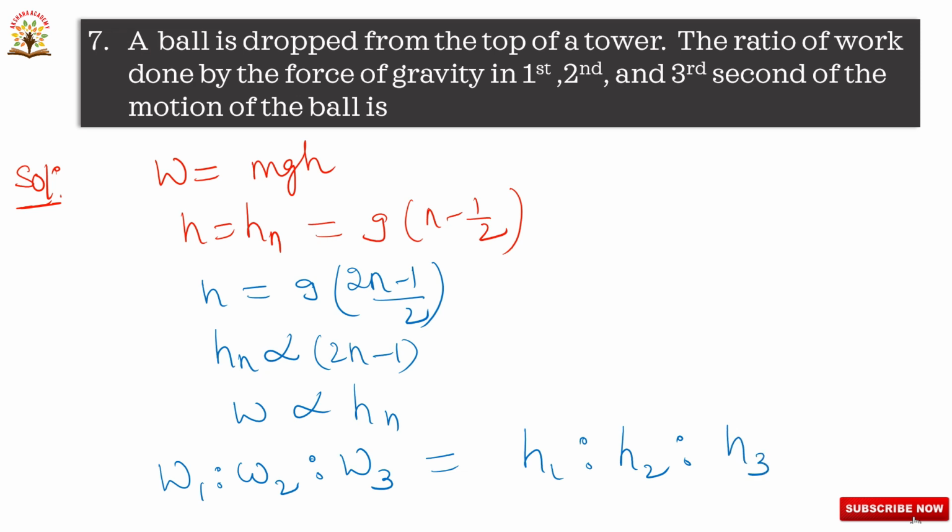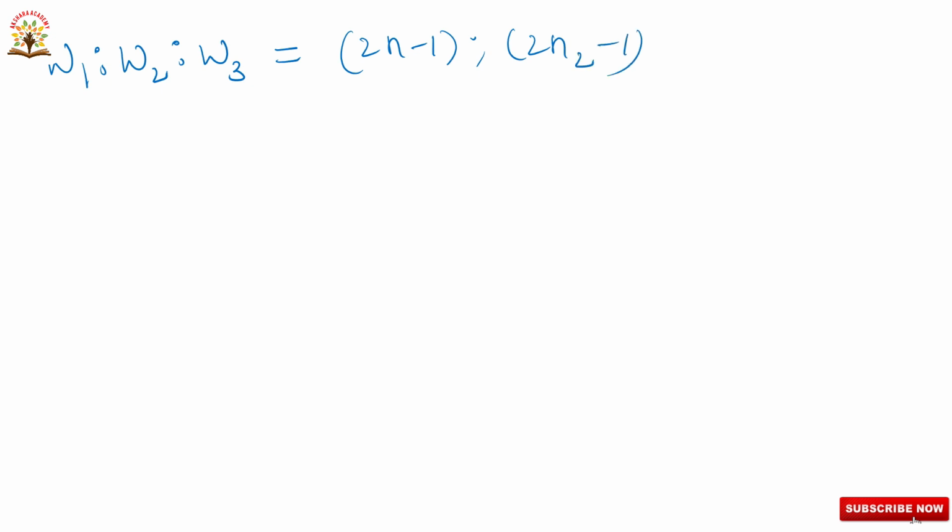Now W1 is to W2 is to W3 is equal to 2n1 minus 1 is to 2n2 minus 1 is to 2n3 minus 1.